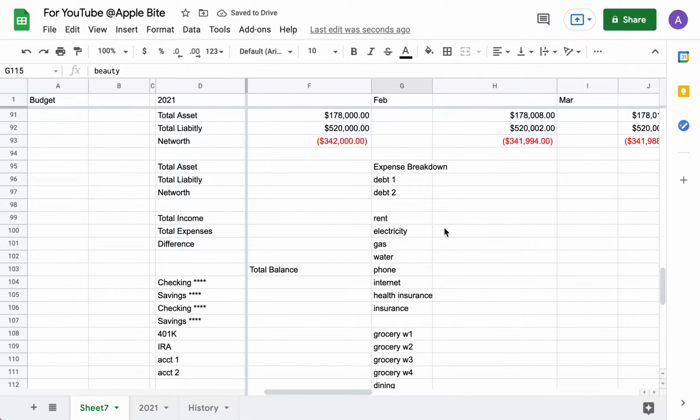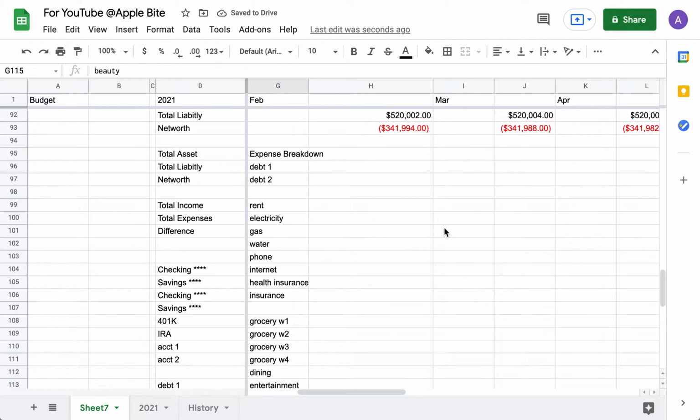And then same idea with how to do the summary.